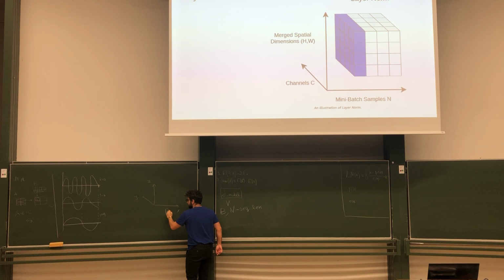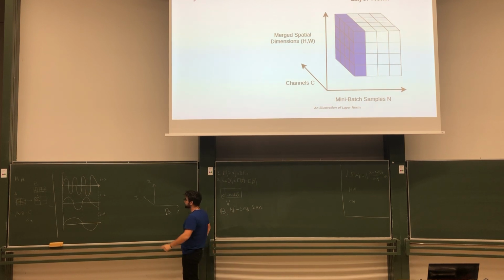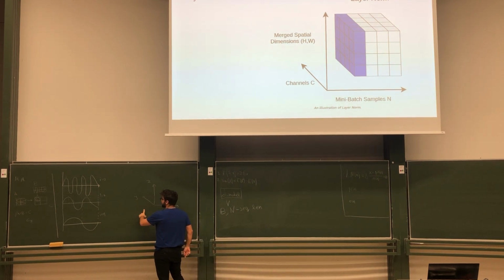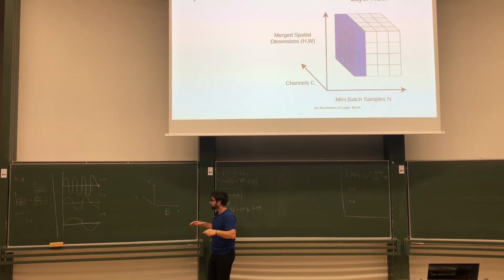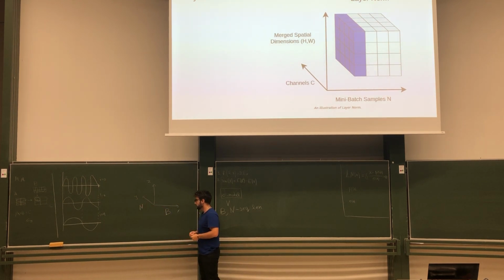This is B, the batch size. In ConvNets, we would have the channels here, but here there is no notion of channels. We just have a sequence. So this would be the sequence length, the sequence dimension.